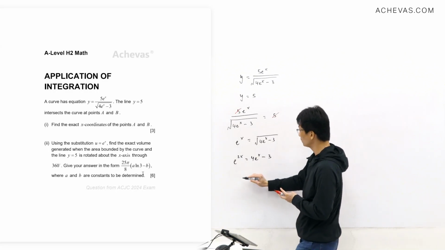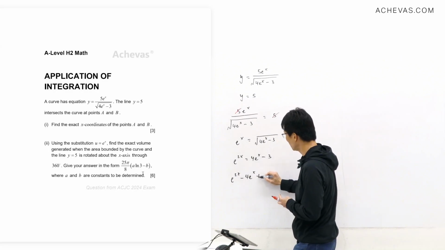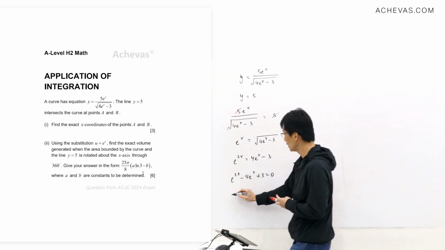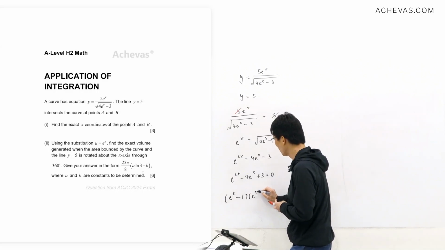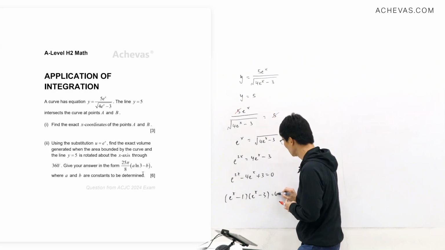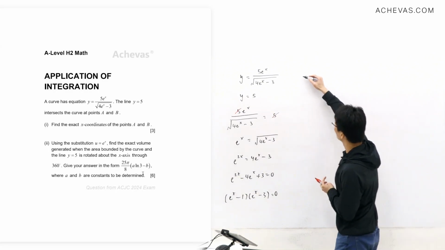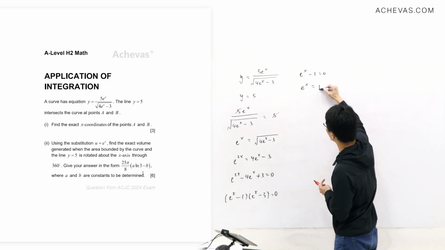And I will shift everything to the left. I will end up with this equation here, which looks like a quadratic equation, which I can just factorize. So I'll get e to the power x minus 1, e to the power x minus 3 equals 0. We can just solve them separately. So e to the power x minus 1 equals 0, so e to the power x equals 1.